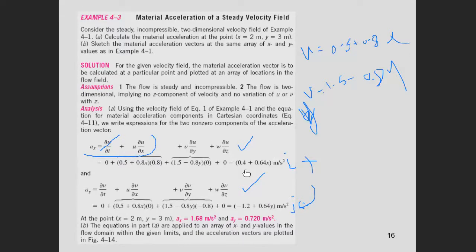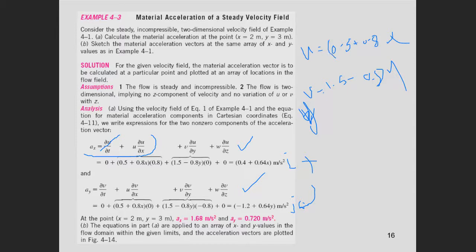Is there any difficulty here, gentlemen? Why is del u by dt 0, the first one? Why is del U by del T equal to 0 and del V by del T equal to 0? He's having a very good question.